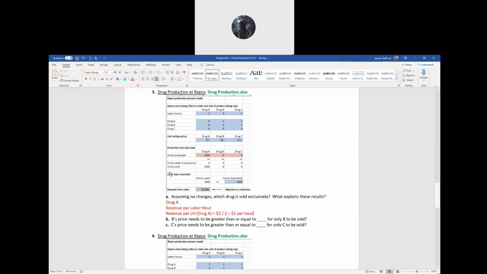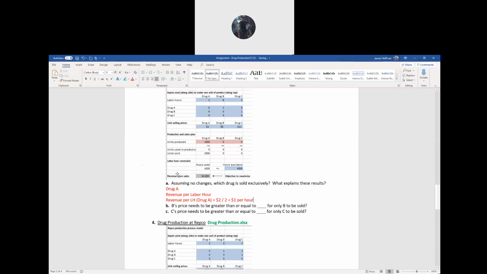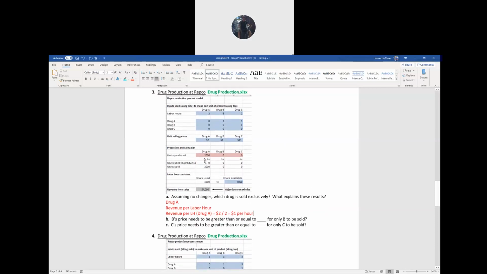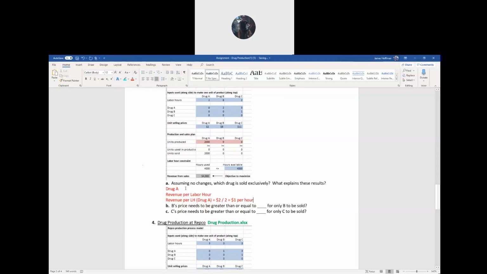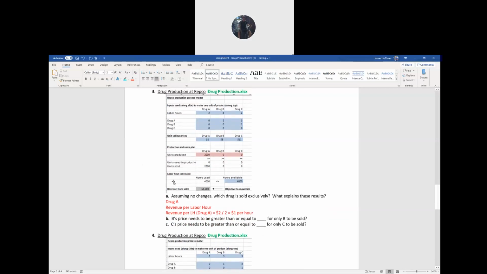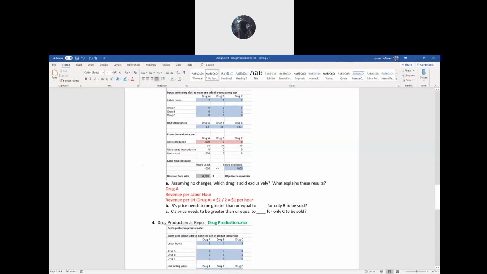This drug is a lot less profitable than the previous ones, but $1 per hour is what drug A is currently giving us. So this is the comparison benchmark.